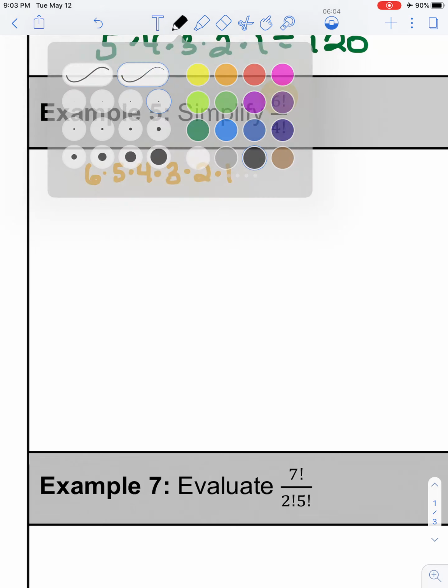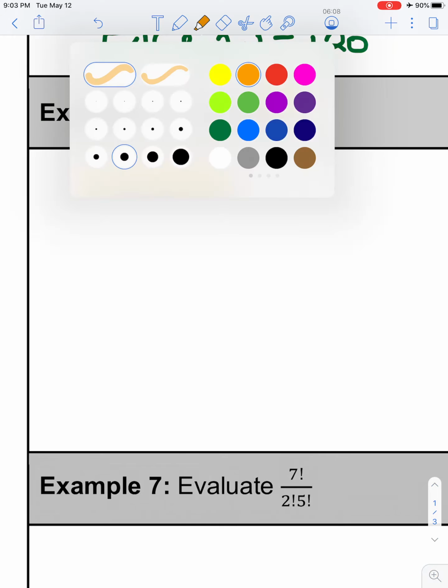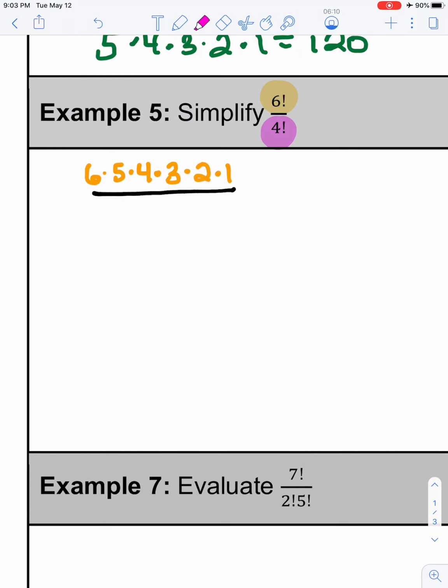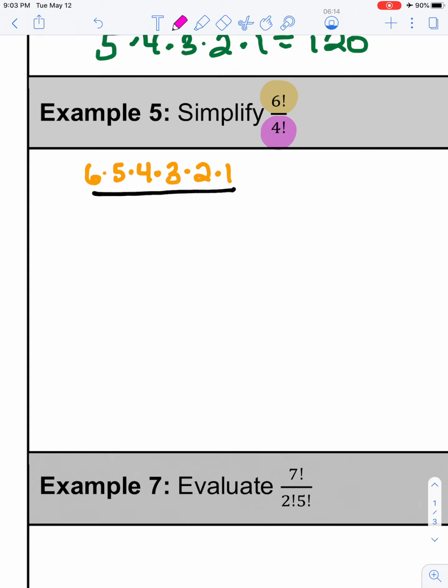And we're going to divide that by 4 factorial, which at this point we'd probably be quick to say is just 24. But I'm actually going to write out that product, and you'll hopefully see why in a second. So 4 factorial is 4 times 3 times 2 times 1.